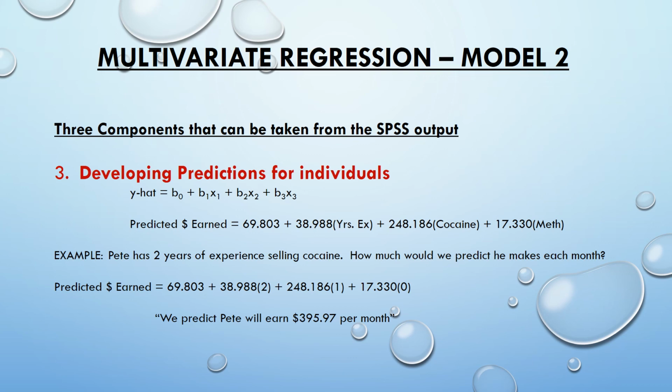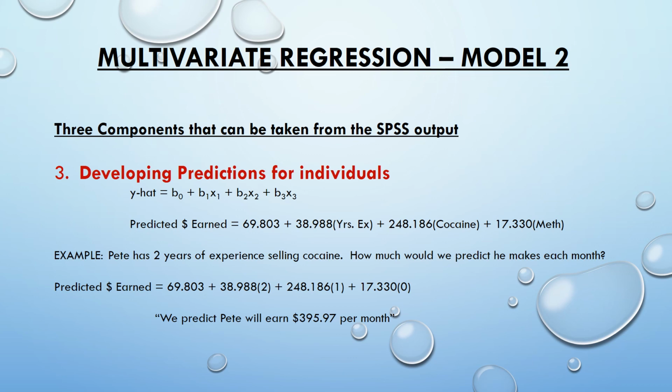Well, he happens to sell cocaine, so he gets a value of 1 there. We move on to the other one, meth. He was not a meth dealer, so he doesn't get credit for that. So he gets a 0, so that'll cancel that out of the equation. So by doing the basic math of solving it out, we would predict that Pete will earn $395.97 per month.